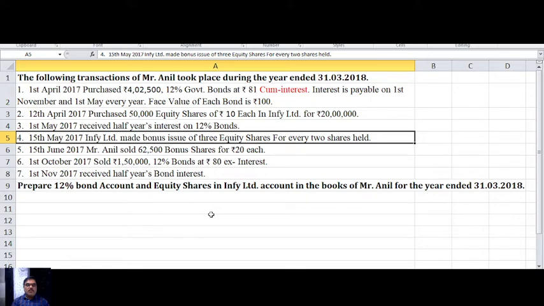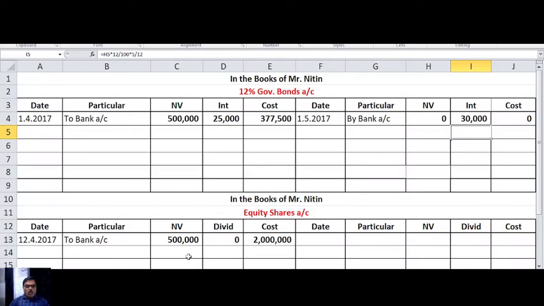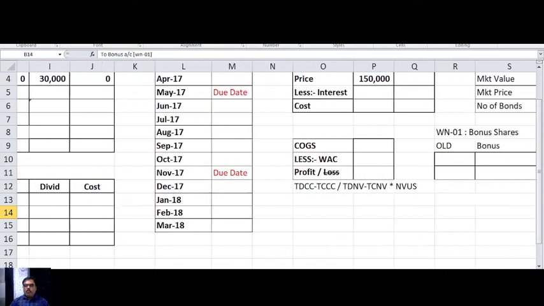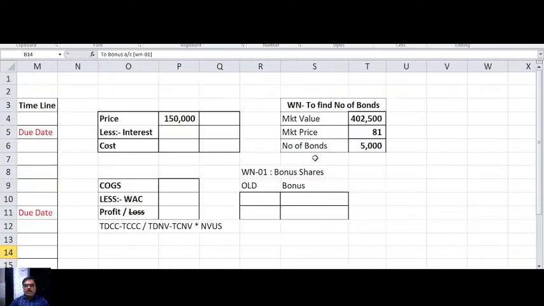Infi Limited is very famous for giving bonus shares. So this is a bonus on 15th May. So recording of the bonus share is very simple. Just you have to go to the debit side, that is 15th May 2017. Here you have to write to bonus, and calculation of the bonus that we are going to do on working note number 1. That is over here.